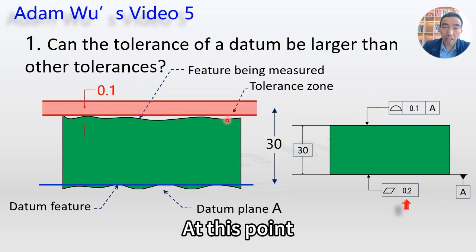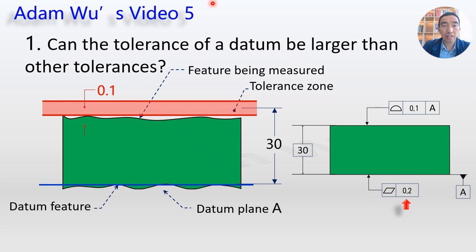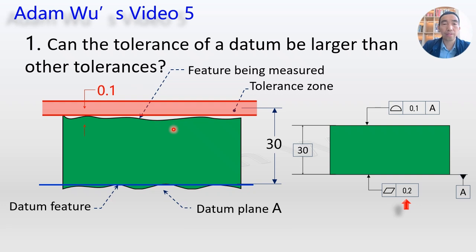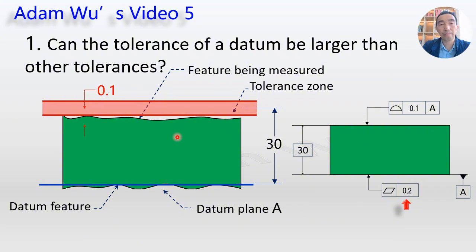At this point, it appears that the measured feature would be non-conforming. It is almost like trying to hit a moving target in shooting. It becomes very difficult to satisfy.